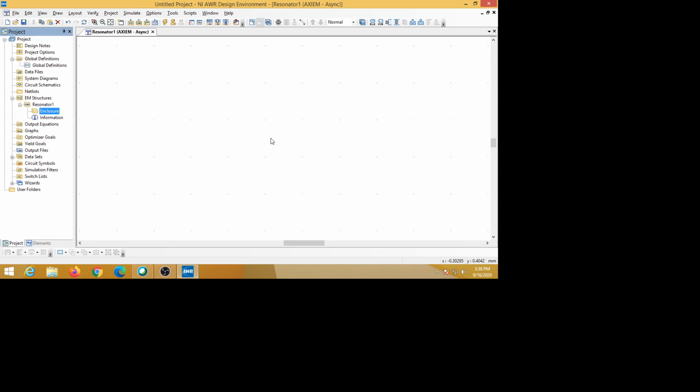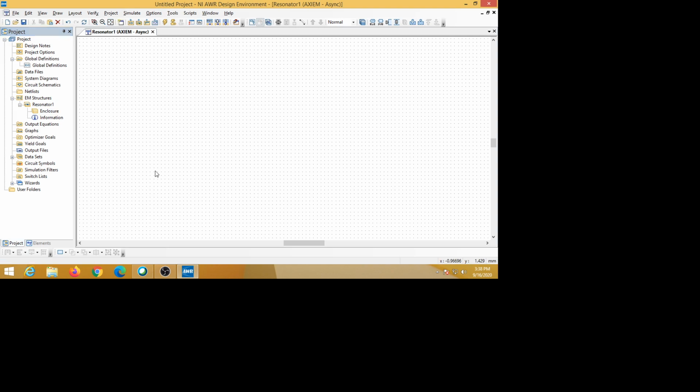We defined a grid of 0.1 mm, but it is not visible. To see it, just click over here, view all. You can see the grids, because the grid size was larger and was not fitting. If you click view all, it will fit everything in this window. Here dotted lines are there, at 0.1 mm distance, these dots.